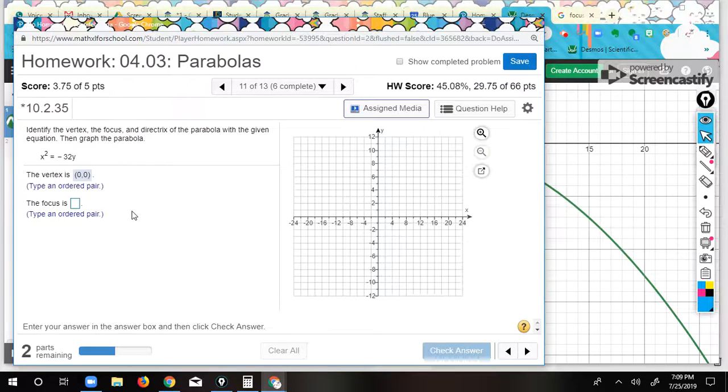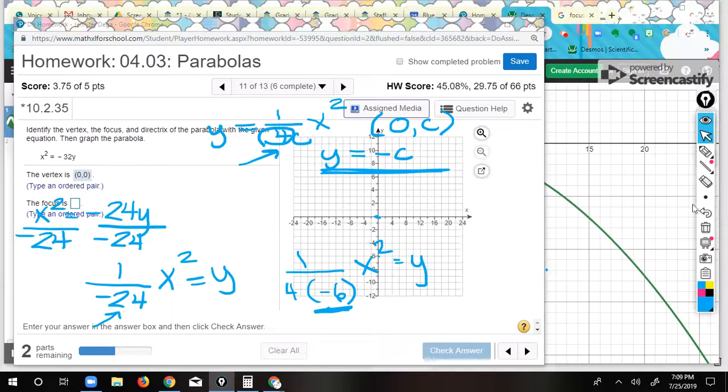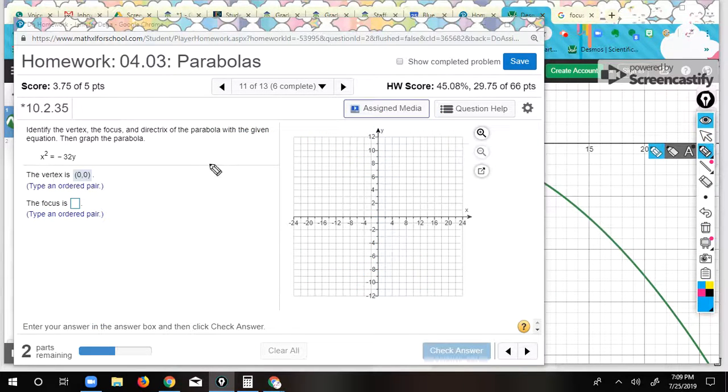The focus is we got to rewrite that equation and change it so that it's a factor of 4. Because remember that formula, there it is. It's that y equals 1/4 cx squared. Okay, so that's what we're doing.